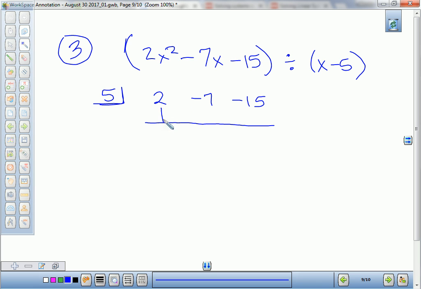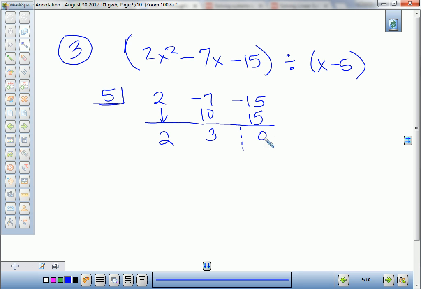Okay, so I'm going to bring down the first 2. I'm going to multiply. So this time I get 10. And then I'm going to add 3. And then I'm going to multiply. And then I'm going to add.